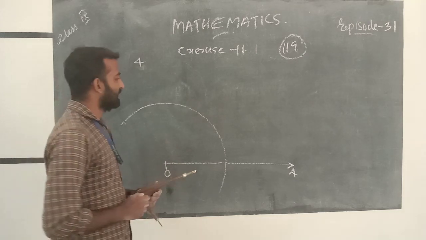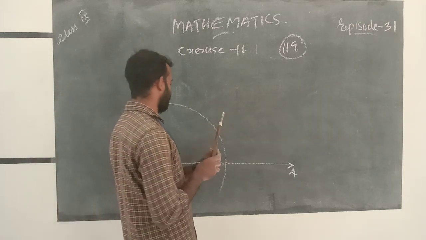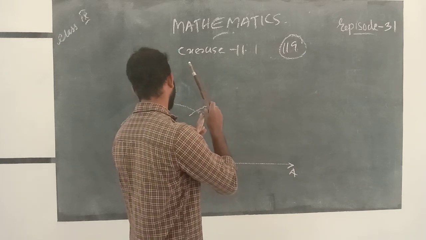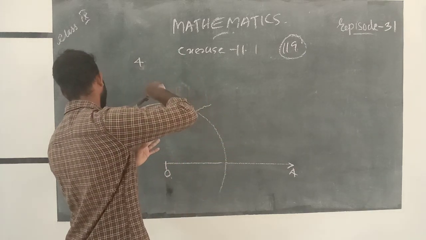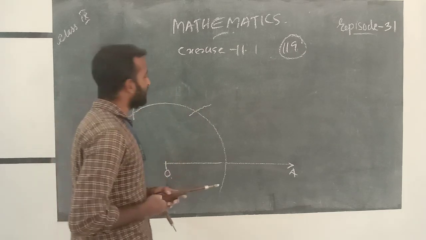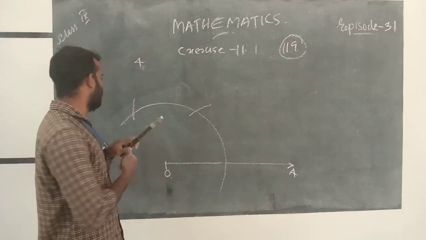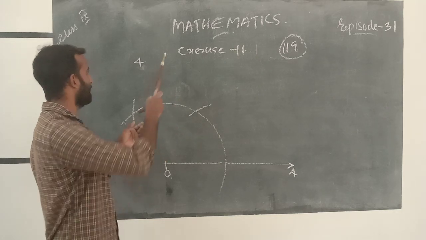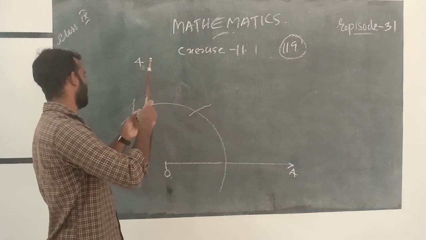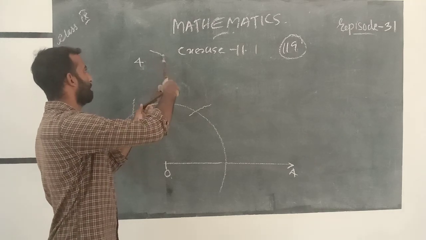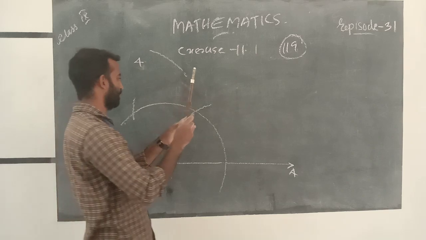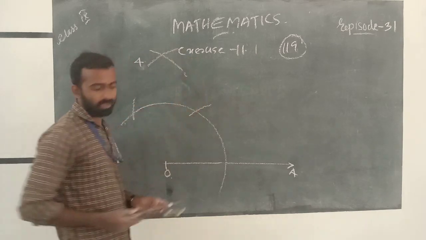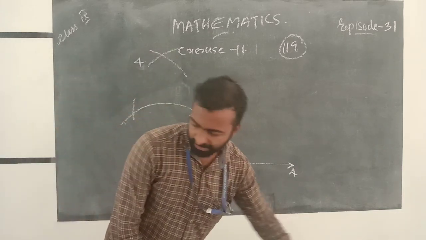With the same radius, we mark the arcs, and we take more than half of this arc. We join the lines.